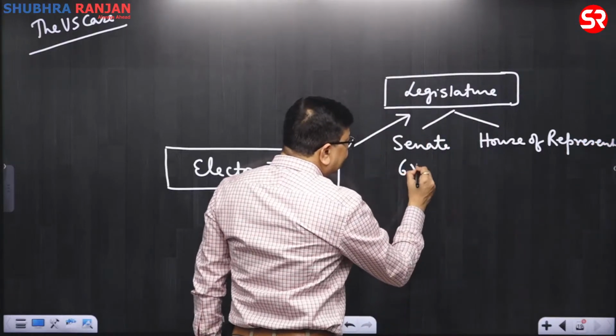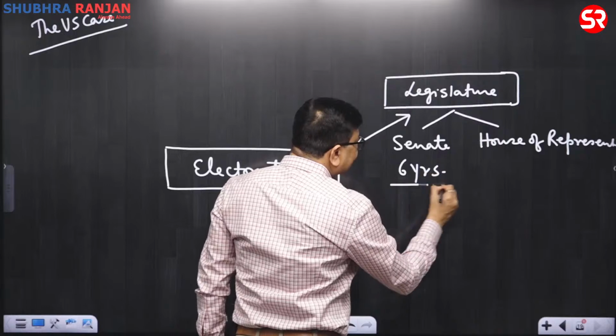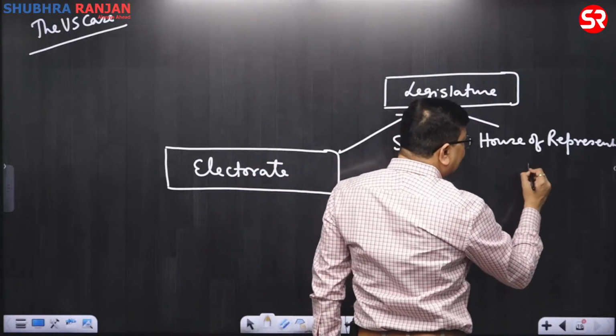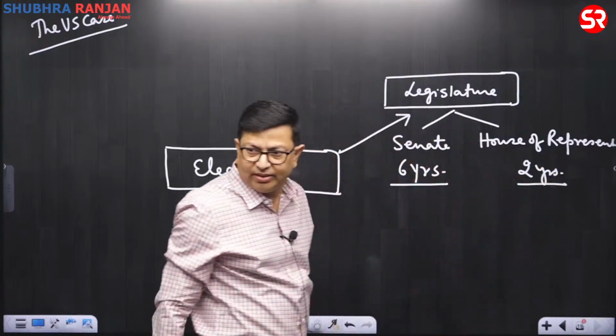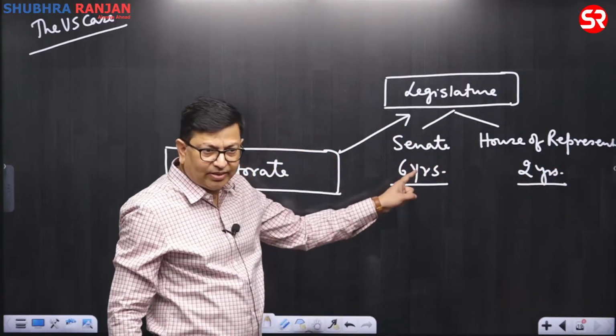The members of the Senate are elected every 6 years and the term of the House of Representative is 2 years. It is just like our Lok Sabha. It is just like our Rajya Sabha.